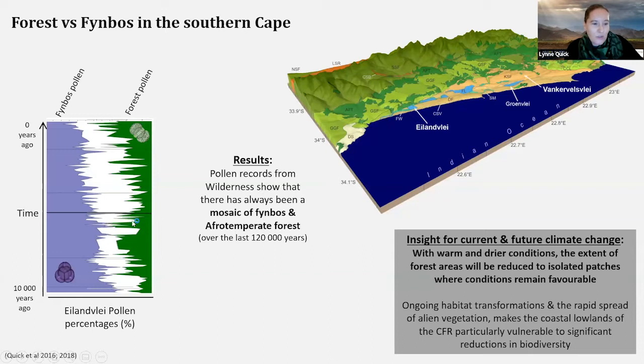This is from the pollen record, we can infer this, and that in fact we've got a lot more forest in the more recent years than we've had in the past, and this is linked to changes in rainfall seasonality and other climate variables.